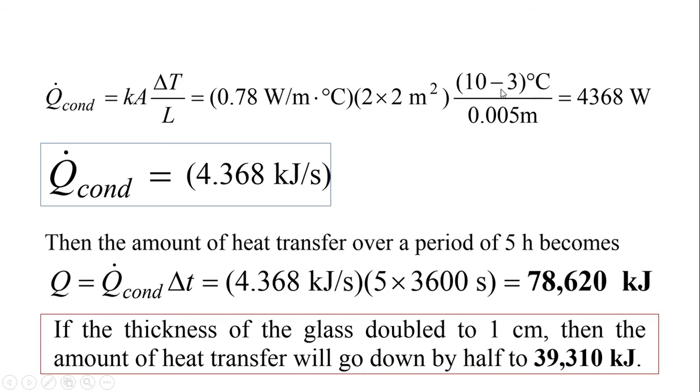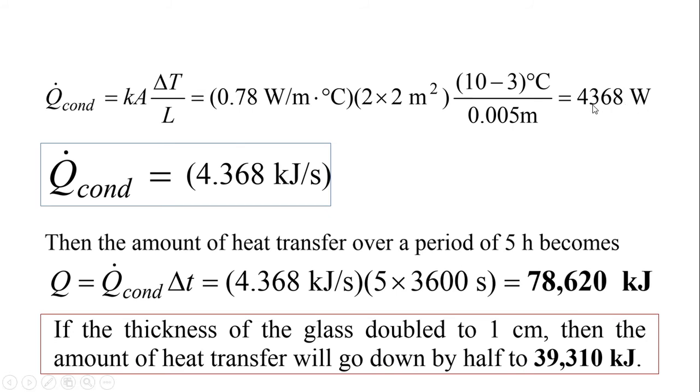The thickness of the glass window is given as 0.5 centimeter, and we have to convert it into meters, which is 0.005 meters. After simplifying that, we have the answer: 4368 watt. That is the rate of heat transfer.